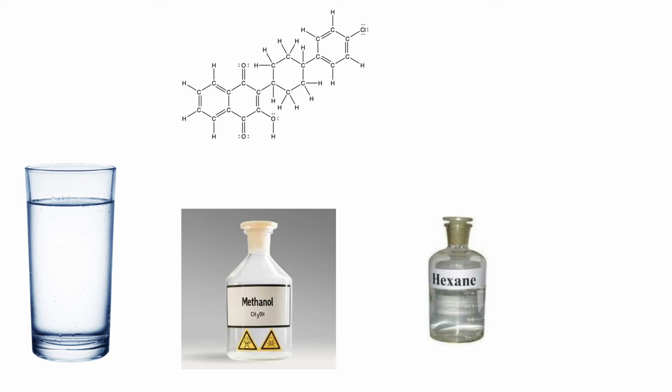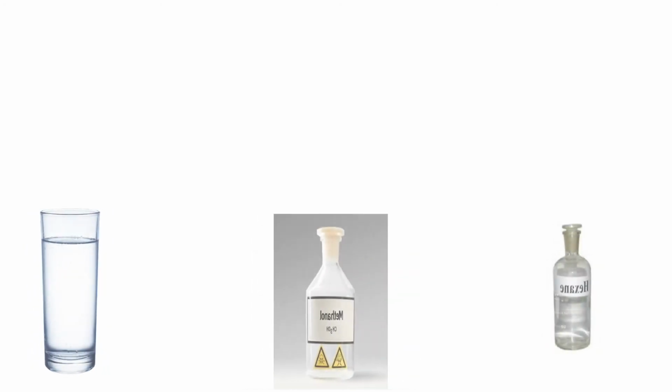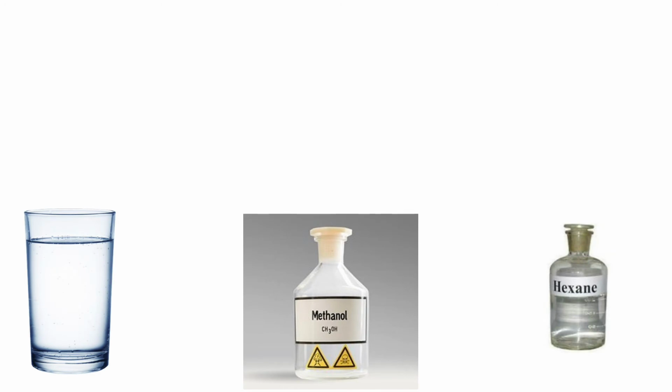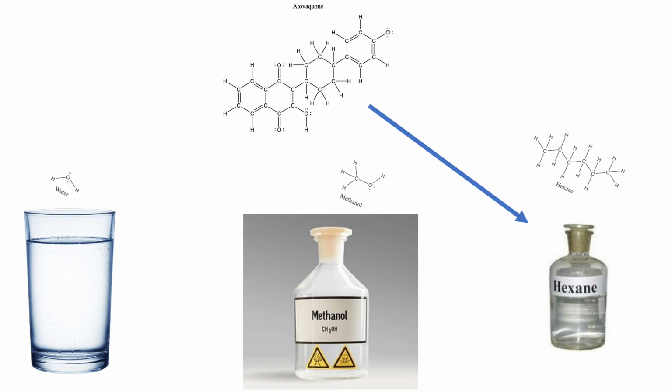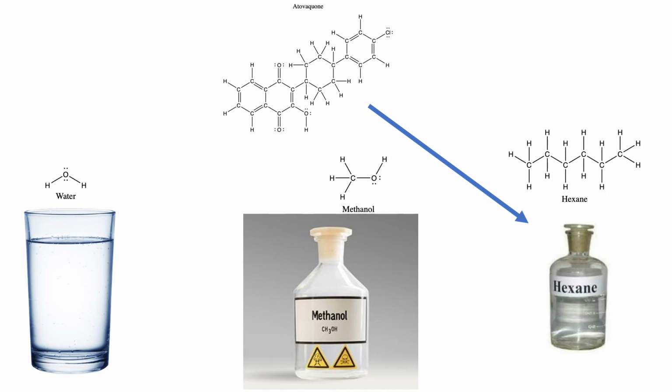So that leaves us with methanol and hexane. So methanol, you'd probably be saying, oh yeah, that could work, because of course it has a methyl group and a hydroxyl group. But in actuality, the one solution that would be most useful in dissolving this would be hexane. The reason for this is because the molecule of atovaquone mostly consists of covalent nonpolar bonds between its carbon atoms within its multiple rings.